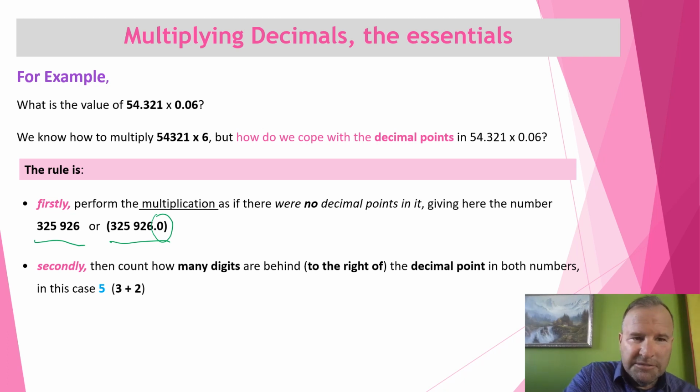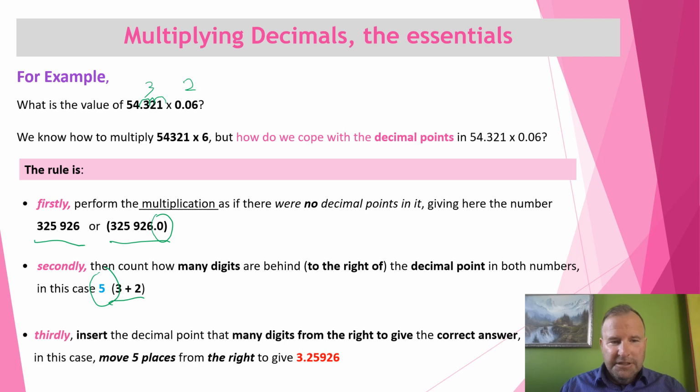So here's where the decimal point is. We've got 1, 2, 3, and then here's the decimal point, and in the other number we've got 1, 2. Hence 3 plus 2, the total number is 5. Third, we insert the decimal point, that many digits to the right, to give the correct answer.